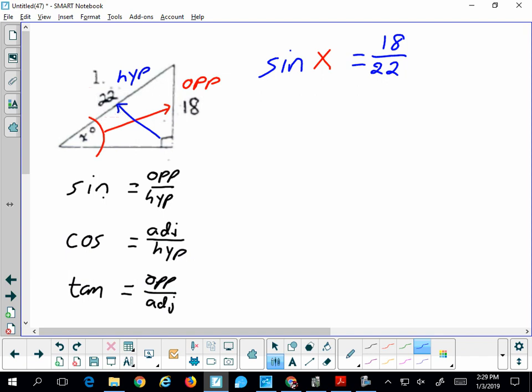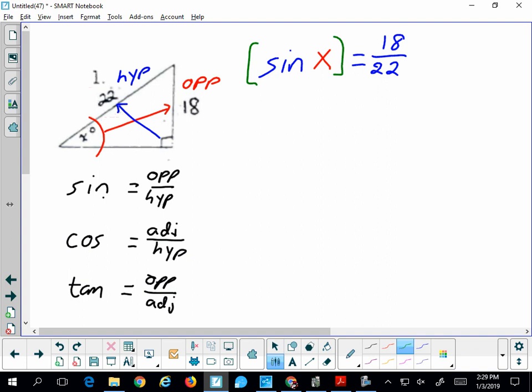In this particular problem, my x is included within my trig function. If you remember, this whole component is just one value. This is one piece. So that means sine x has to be together. I can't have a trig function without having an angle attached to it.